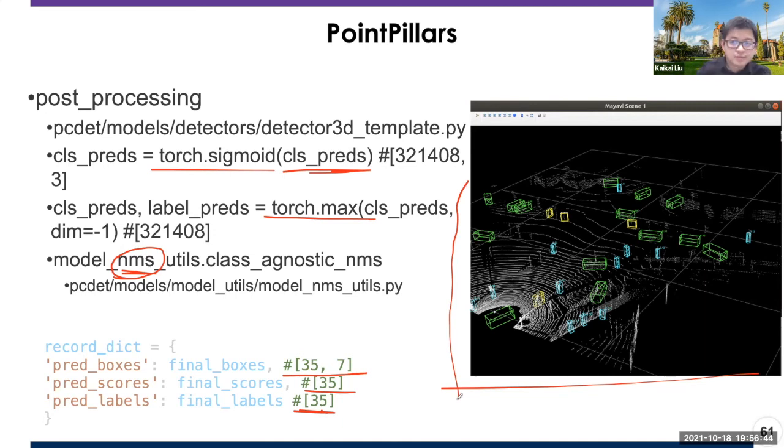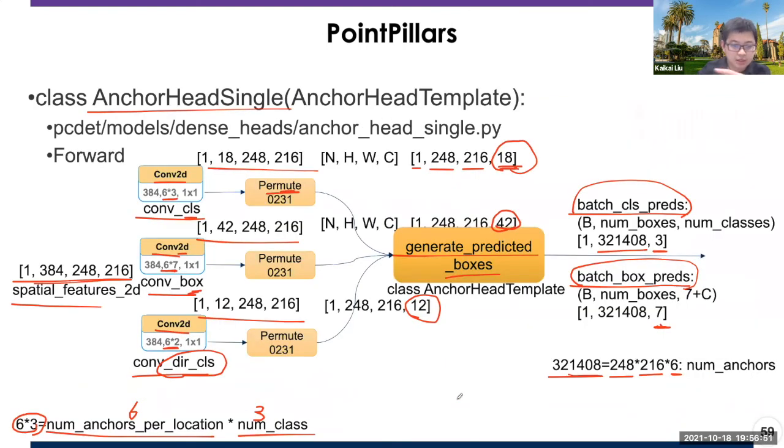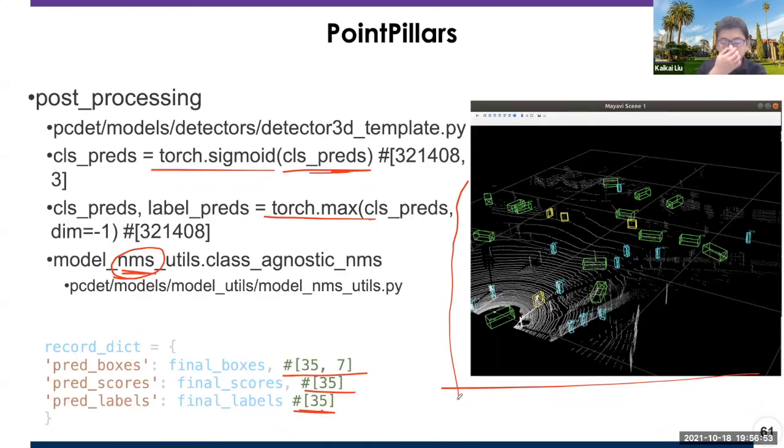Any question for this PointPillars process? This is the detailed process of how they do the mapping and how they do the detection. The last step, non-maximal suppression, is also very critical, otherwise they have so many boxes.